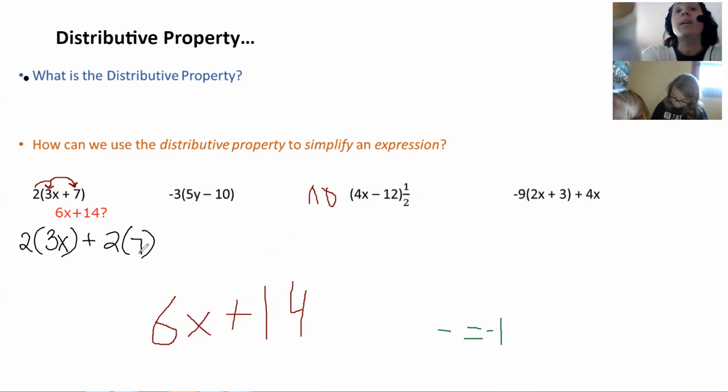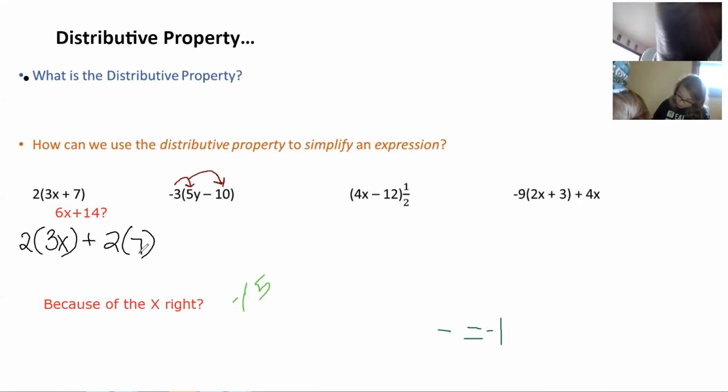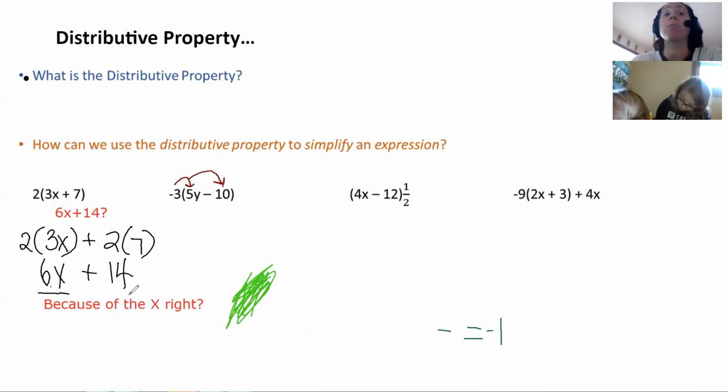All right, next one there. Yeah, this 6x has an x and this 14 has no x, so it's not like terms. Very good.